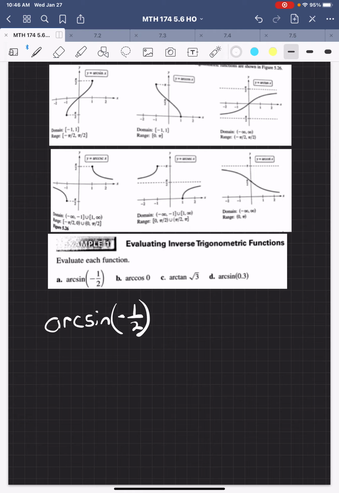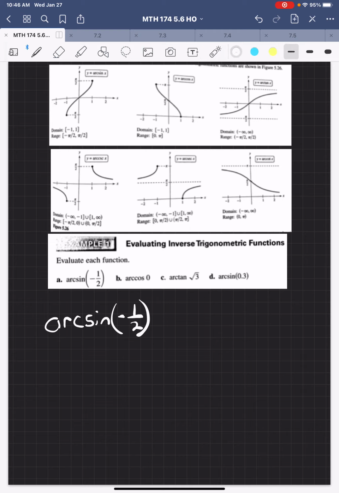Well, let's start with what you cannot do. You cannot grab a calculator, plug in inverse sine of -1/2, hit enter, and then write some decimal. That's not quality work. We want the exact answer, not some approximation.